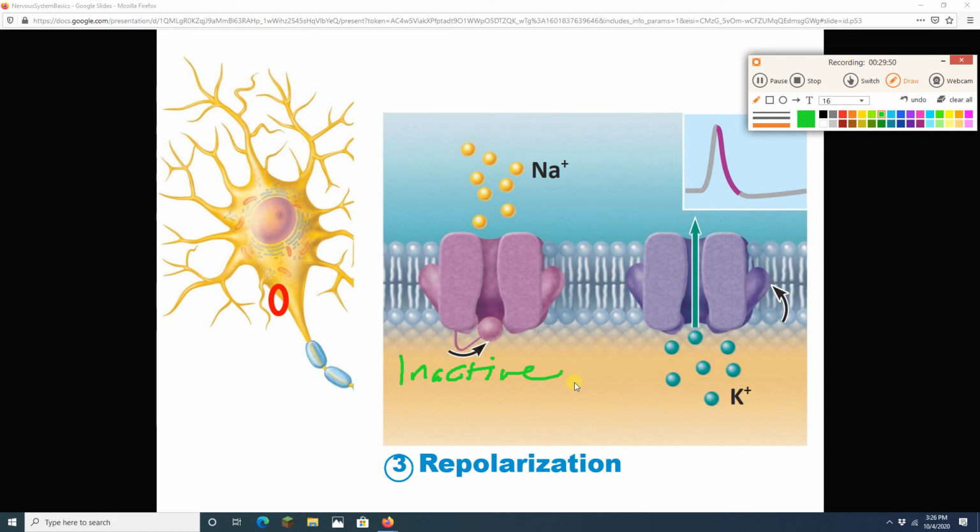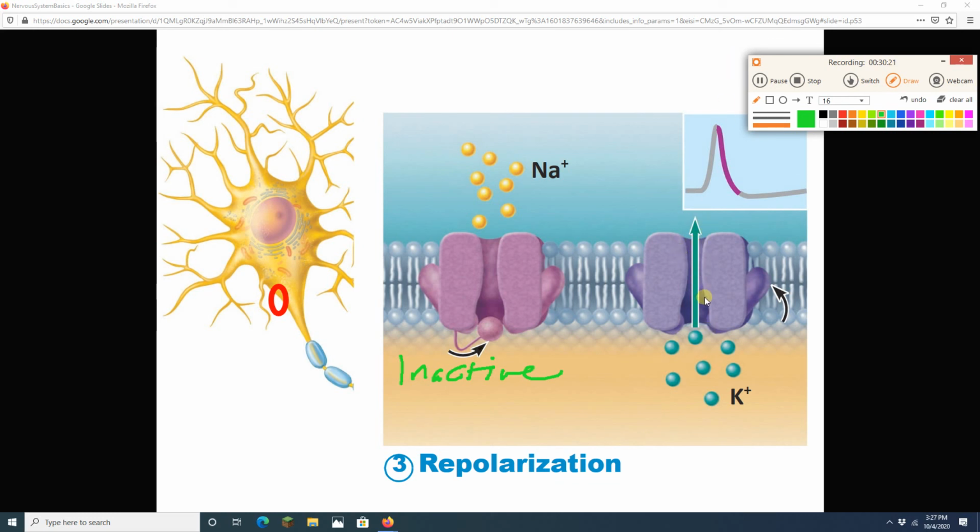All right, meanwhile, by this point in time, the potassium channel has now opened. Threshold is the magic number for both these channels. Sodium, though, opens quickly. The potassium opens really, really slowly. So by this point in time, the potassium channel is open, and potassium is going to rush out.